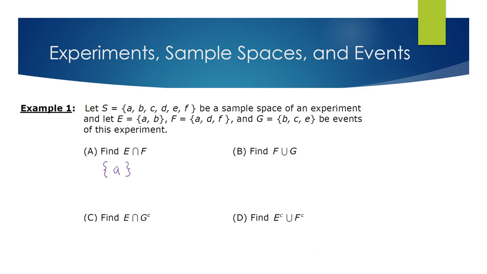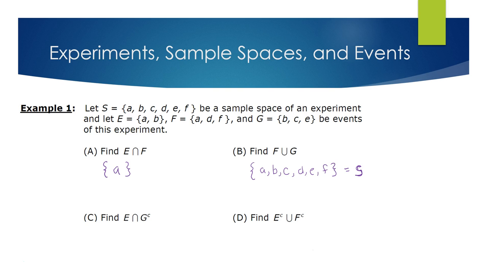Well, that's okay for a union. If it was an intersection, there would be the empty set. But for this, it's just going to be the same thing S was, because F has three of the elements from S, G has the other three elements, so together they make up S in total.